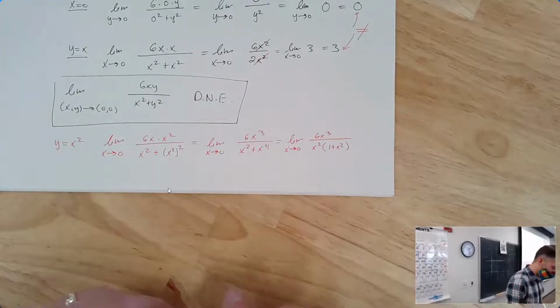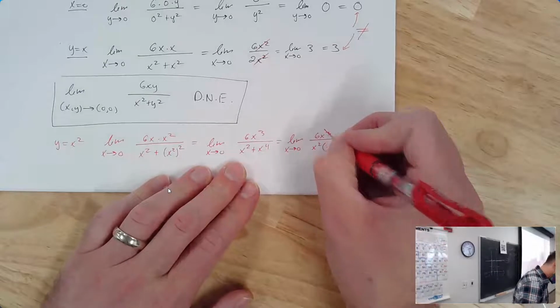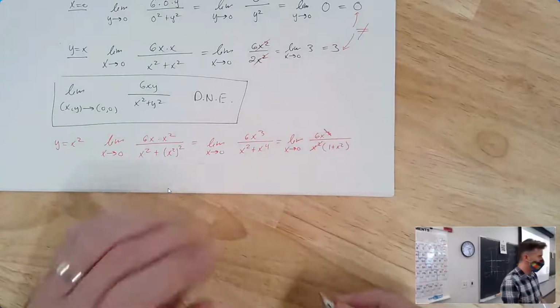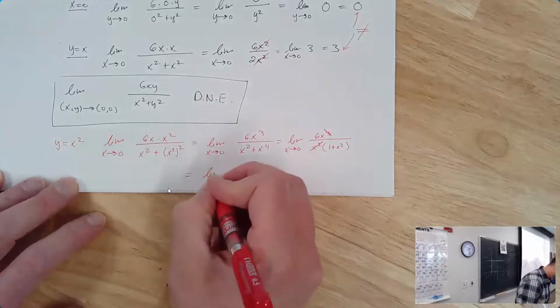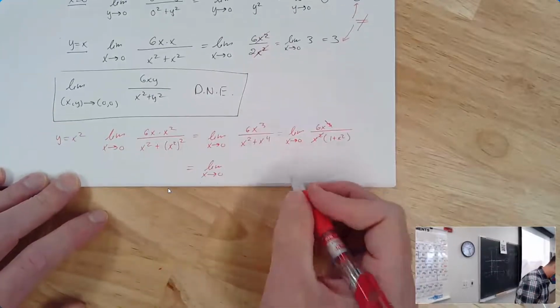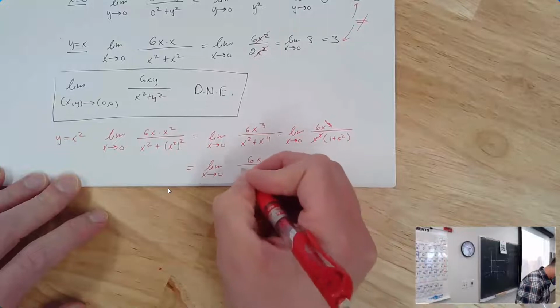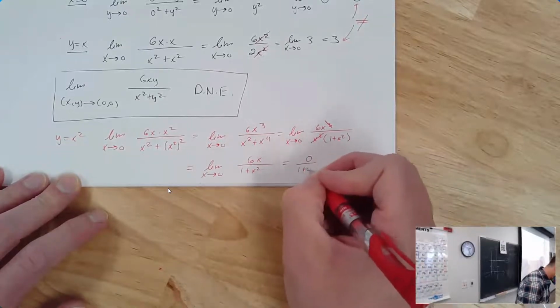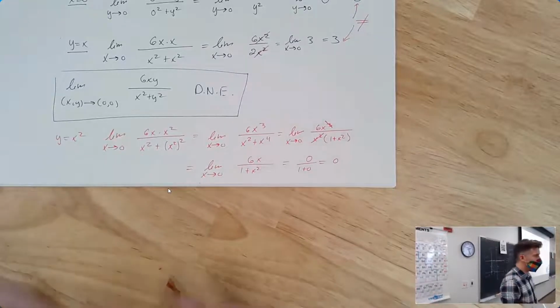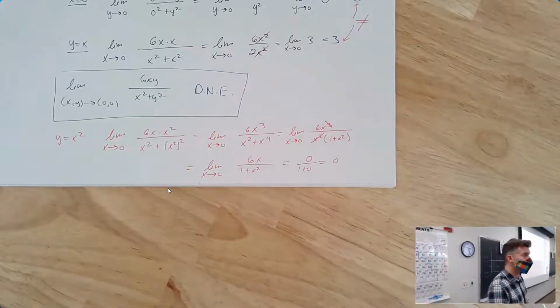And then I can cancel x squared there and x squared there. And then we end up getting the limit as x goes to 0 of 6x over 1 plus x squared, which is going to be 0 over 1 plus 0, which is 0. So that'll also get us to something that's different, which is good. So that would totally work.